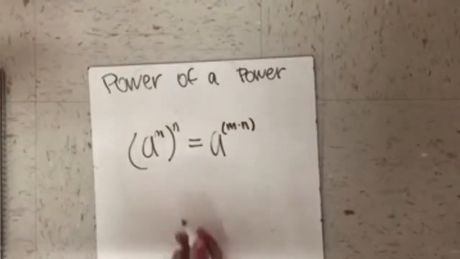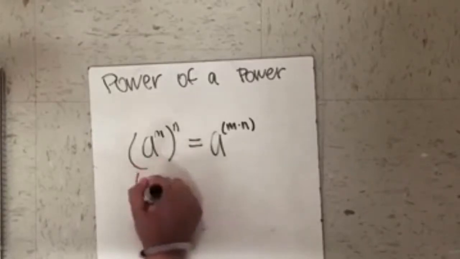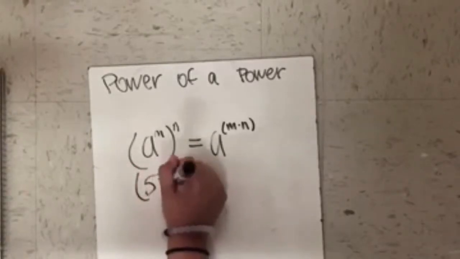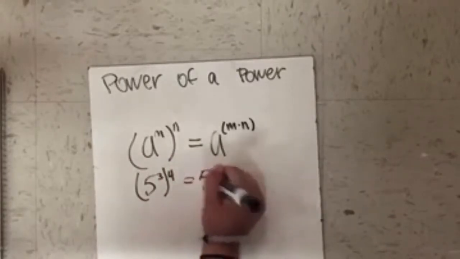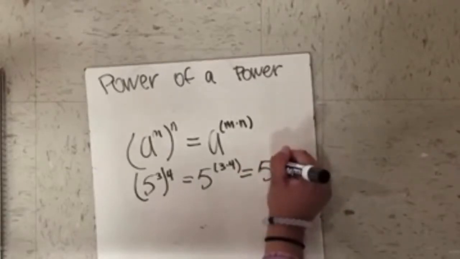So here we'll have 5 to the third power to the fourth power, which will then equal 5 to the 3 times 4. So then result in 5 to the 12th power.